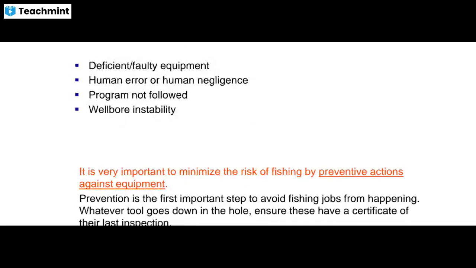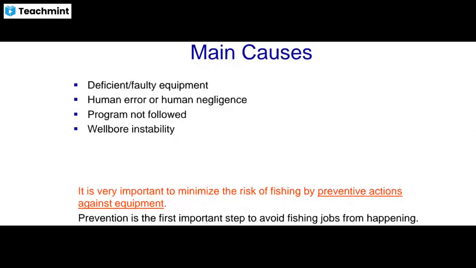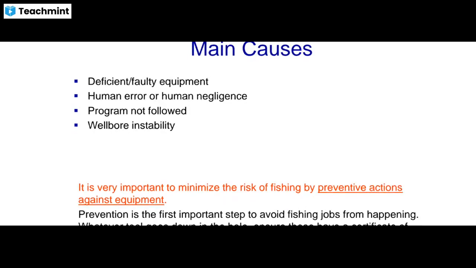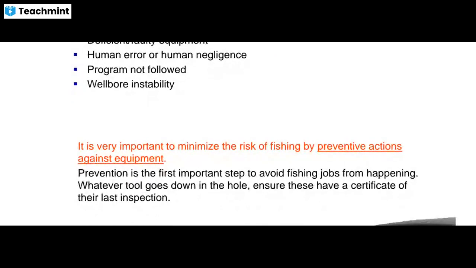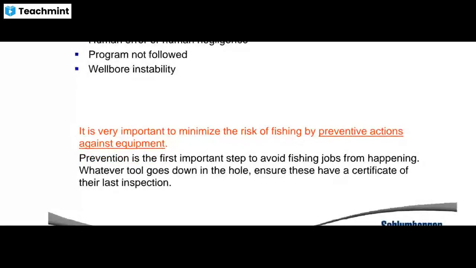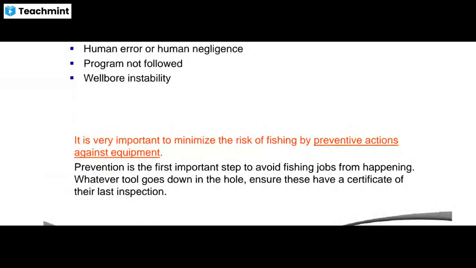The next is, what are the main causes of fishing operations? You can see deficient or faulty equipment, human error or negligence, the program not being followed, or wellbore instability. Therefore, it is important to minimize the risk of fishing by some preventive actions and equipment. So what are the preventive actions we are going to take against the equipment?